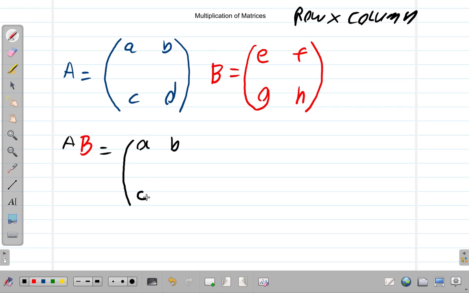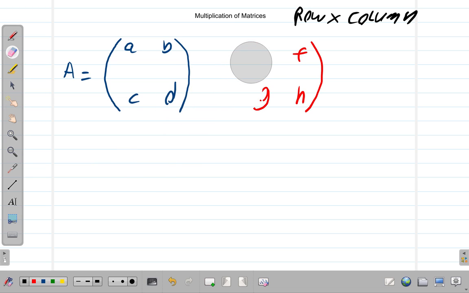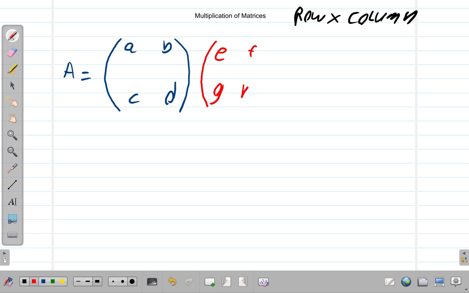Since I have limited space, let me just designate these as the two matrices you will multiply. So B is here. E, F, G, H. Now, this will be A times B. So we have AB here.